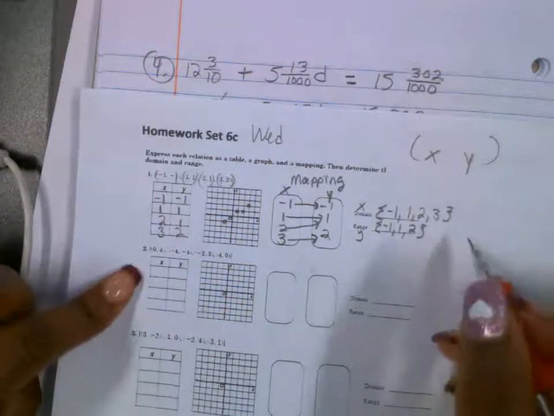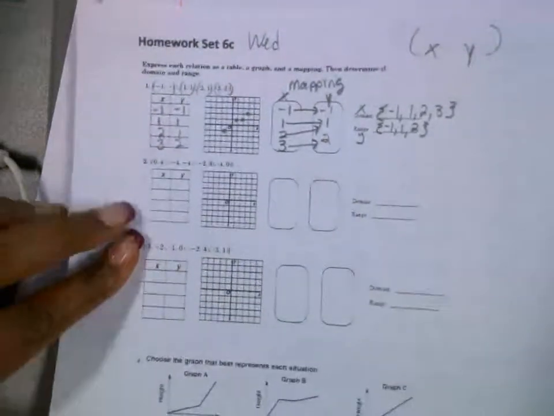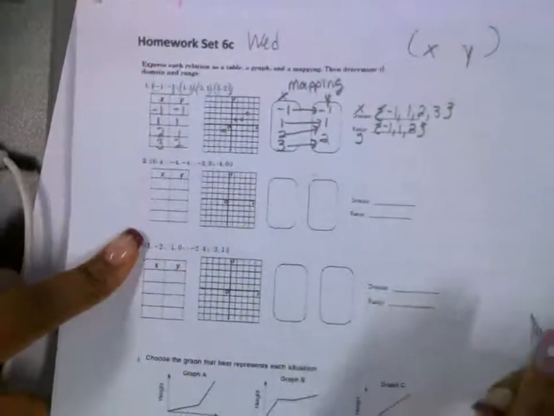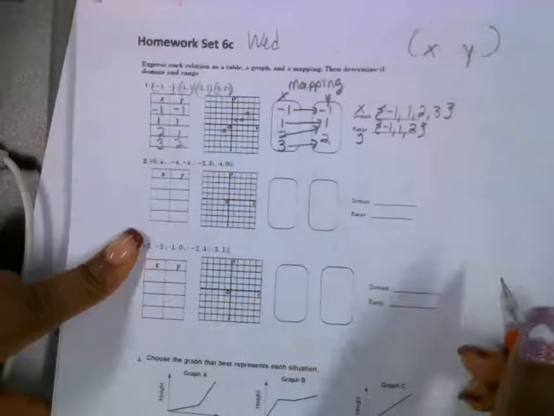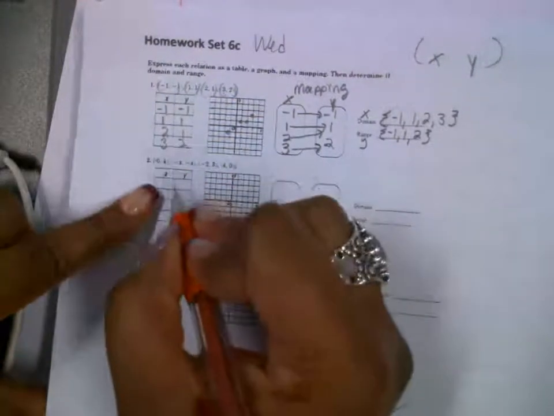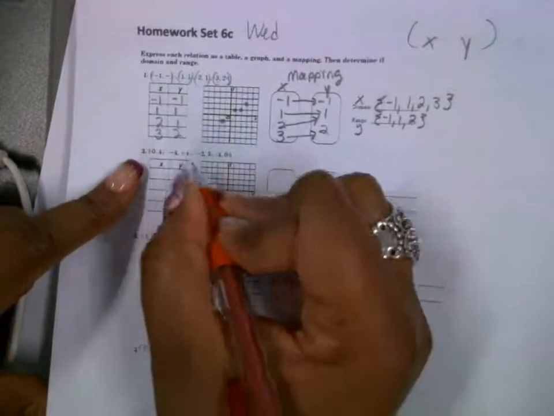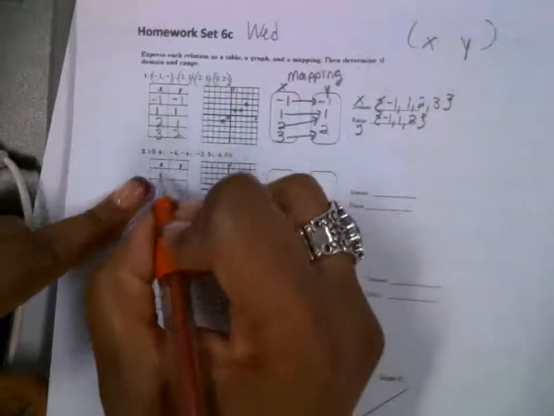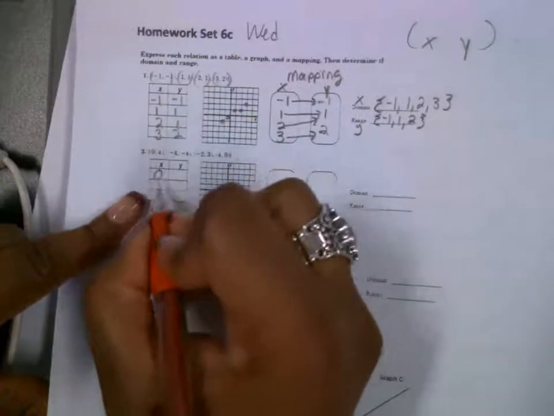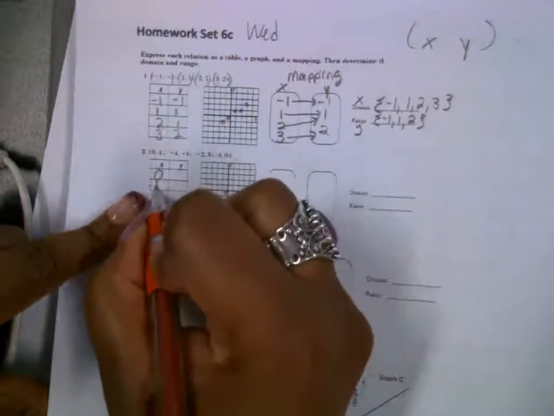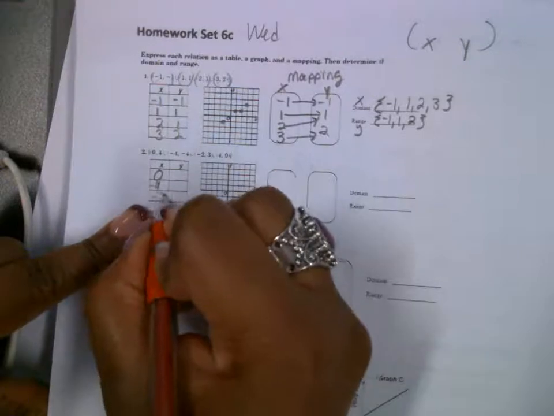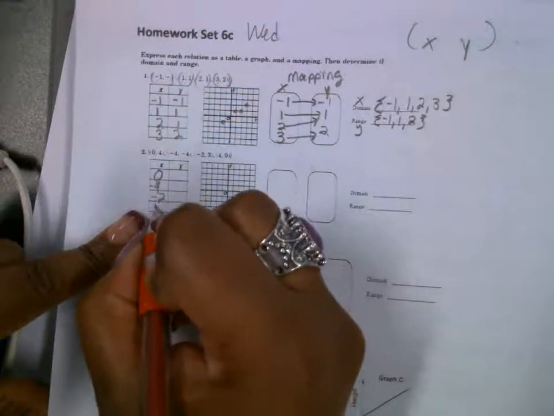All right, number two. What am I going to put as my x values? What am I going to put as my y values? Let's start with the x values first. What's the first x value? 0. Next one? -4. What's the next one? -2. And the next one? +4. Very good.